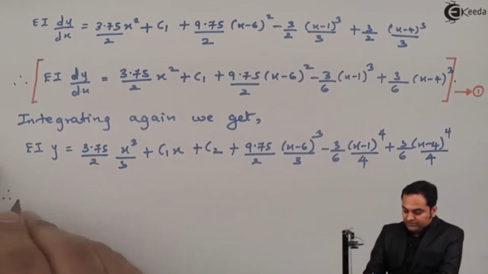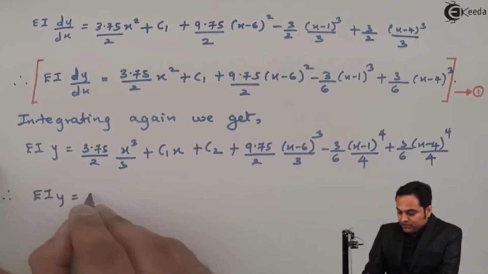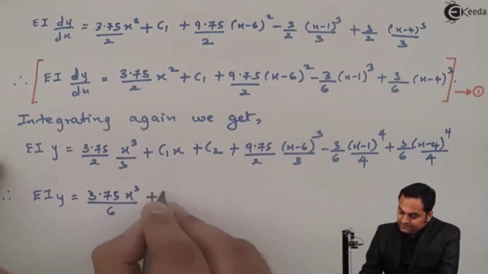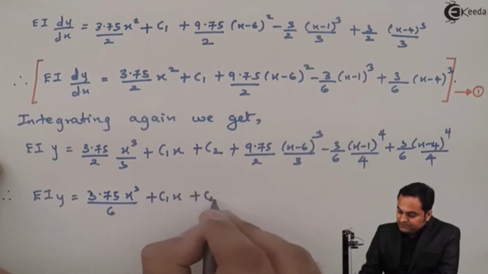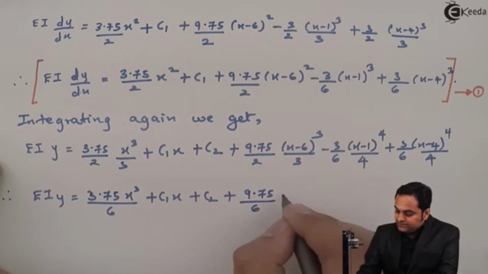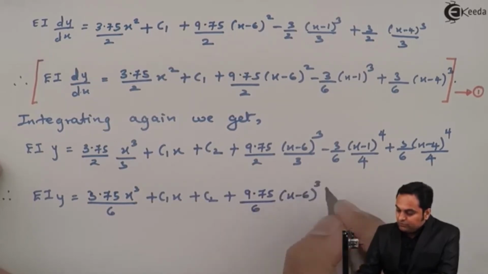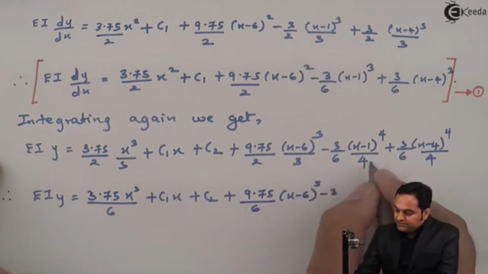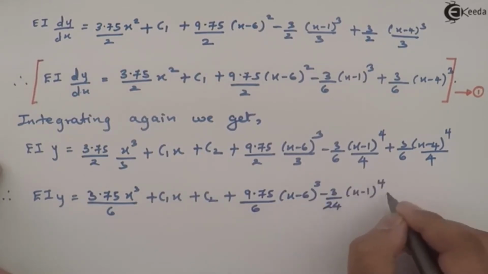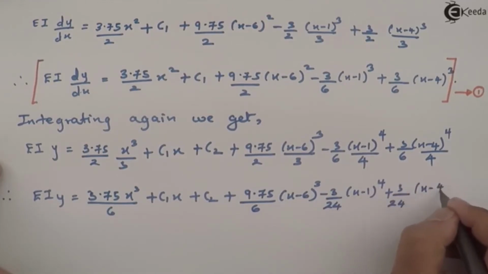So on simplifying this, we have 3.75 x cube by 6 plus c1 into x plus c2 plus 9.75 by 6 x minus 6 whole cube minus 3 by 6 into 4, that is 24, x minus 1 raised to the power 4, plus 3 by 6 into 4, 24, x minus 4 raised to the power 4.